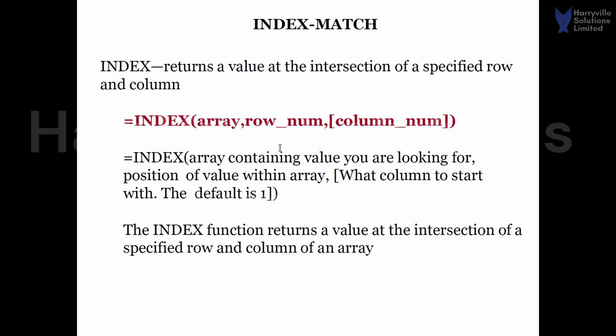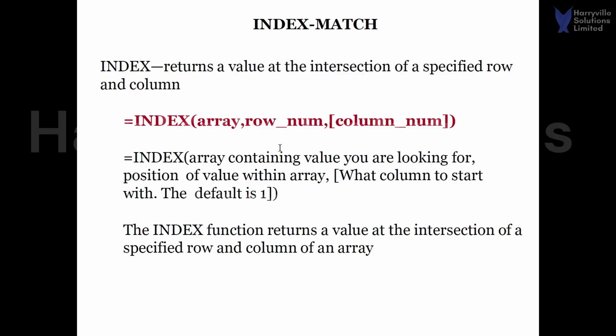And let's see the syntax for index. Index will return a value at the intersection of a specified row and column. By intersection, we mean a cell, a point of intersection of a row and column. To use the index function, you start with an equals sign, then call your index function, and then fill in the parentheses.